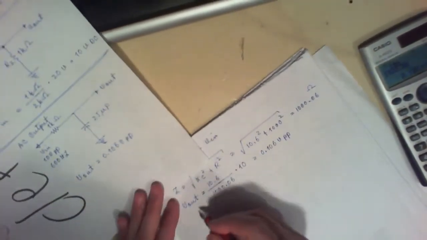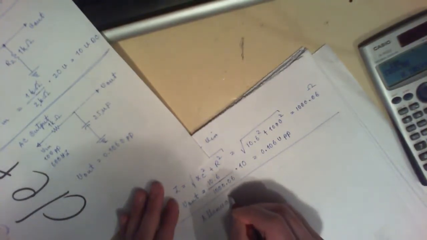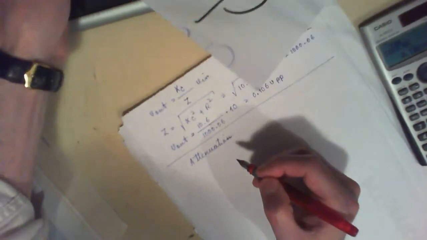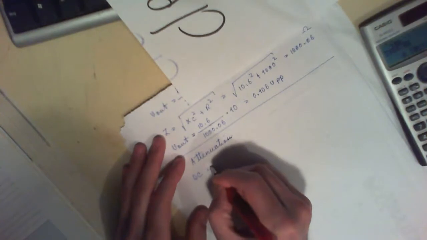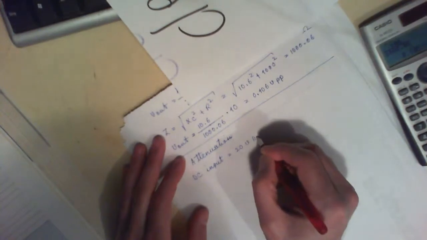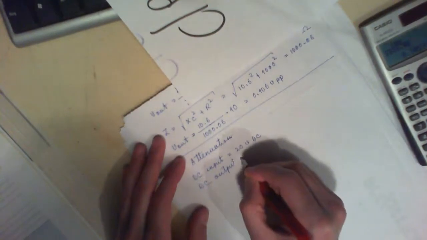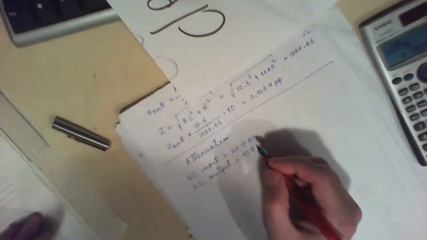About the DC attenuation, when we were talking about the DC input, your DC input was 20 volts DC and your DC output was 10 volts DC. So your attenuation, I think, is input to output.